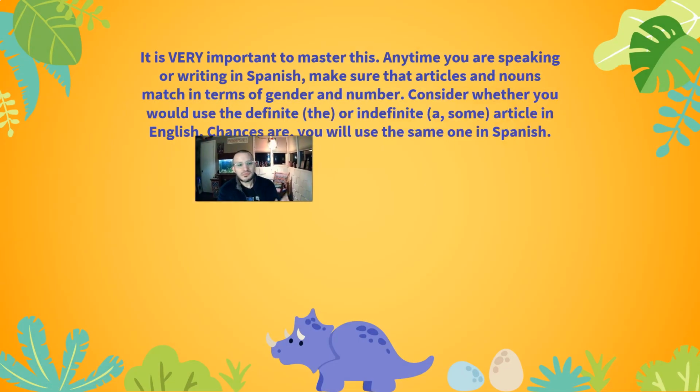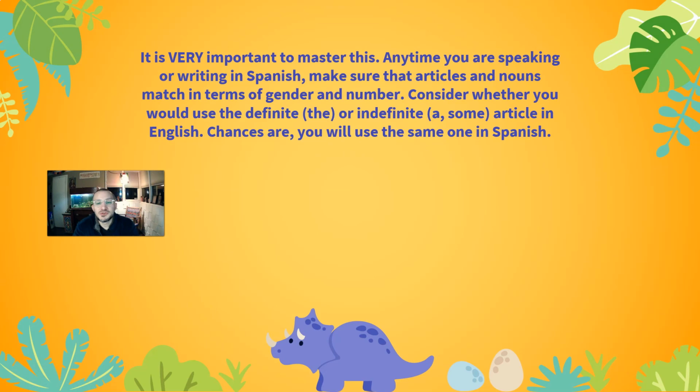Now, it is very important that you master this skill. Anytime you're speaking or writing in Spanish, make sure that the articles and nouns match, whatever the noun is, if it's feminine singular, feminine plural, masculine singular, masculine plural, and whether or not it's definite or indefinite.